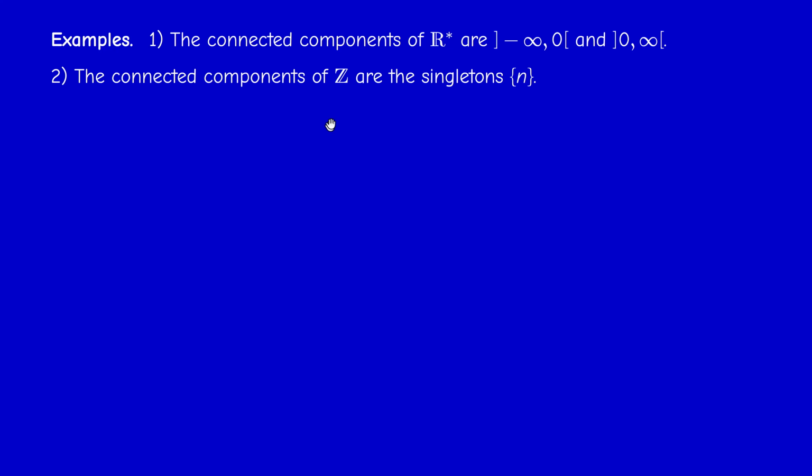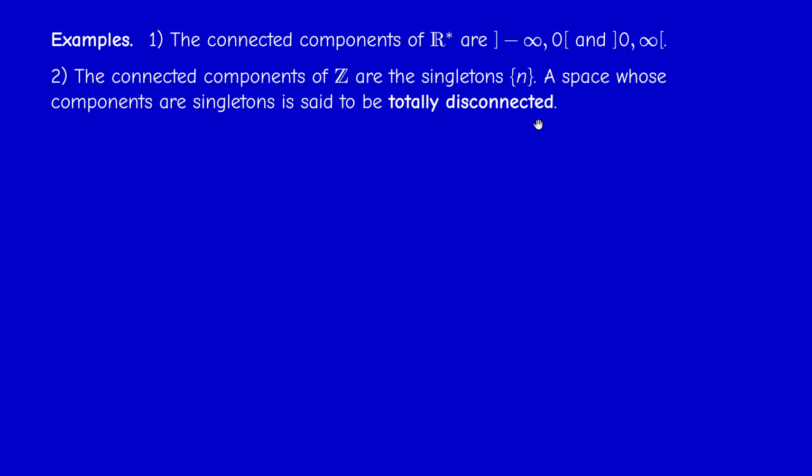The connected components of Z are the singletons. Because, first of all, any singleton is connected, and it should be clear that any subset of Z containing more than one element is disconnected, as you may check easily. We did something similar for Q. In general, a space whose components are the singletons, and the empty set, of course, is said to be totally disconnected.